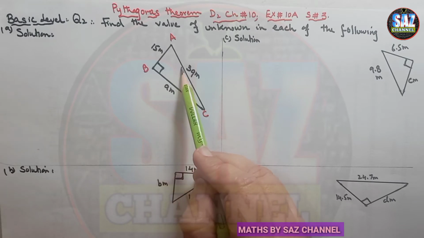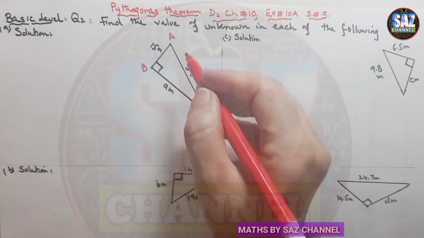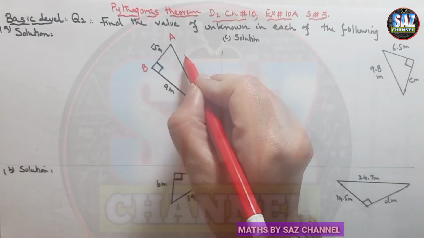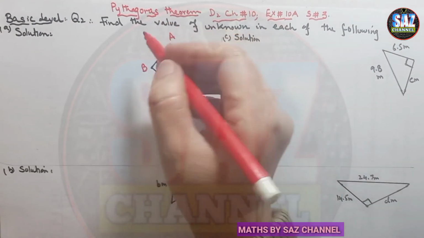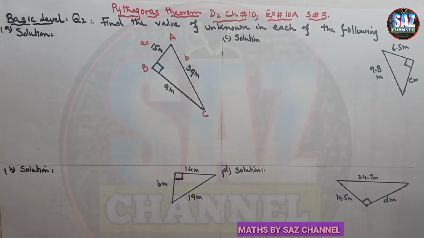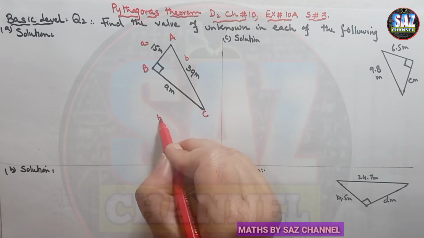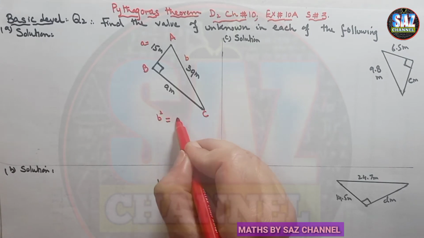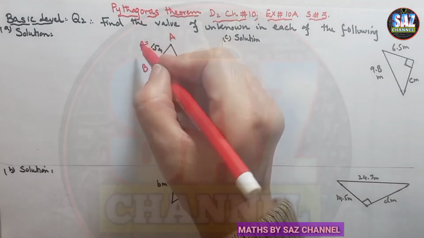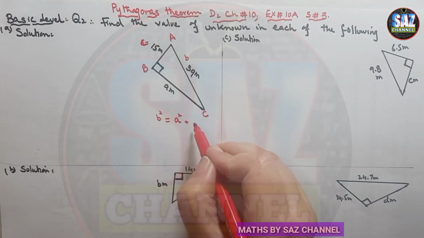So the hypotenuse of this triangle will be B. According to that, the formula that we are going to write will be B square equals A square plus C square.